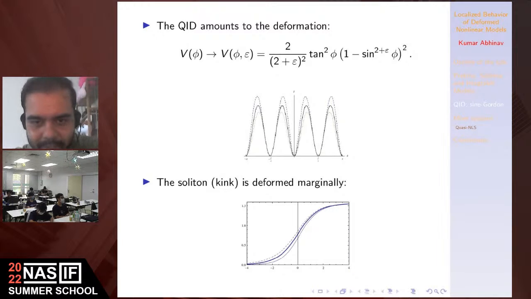The solid line is the undeformed potential, and these two dotted lines are the deformed potentials, for epsilon values, I guess, plus 0.5 and minus 0.5, just a small deviation. And this is from the paper of Ferreira. You can see the essential nature of the potential actually remains the same upon this deformation.